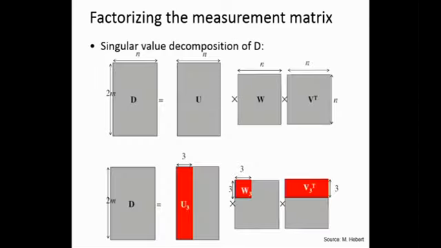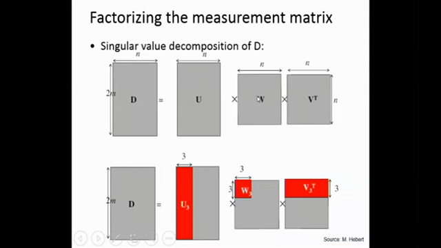I can get a factorization anyway using singular value decomposition. When I do SVD on my measurement matrix D, I'll decompose it into some U, which will be 2m by n, a W, which will be n by n, and then V transpose, which will also be n by n. But I know that this W is only rank 3.